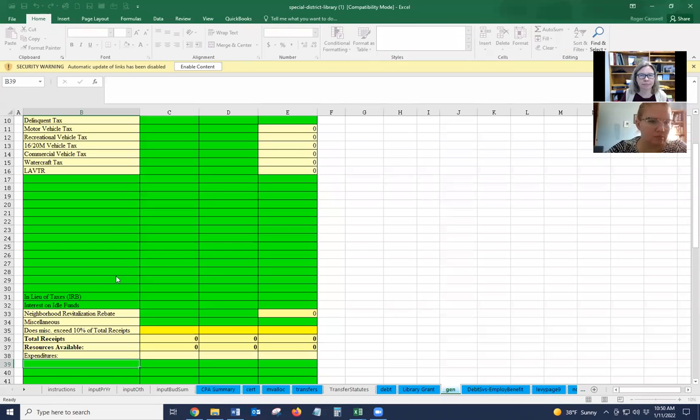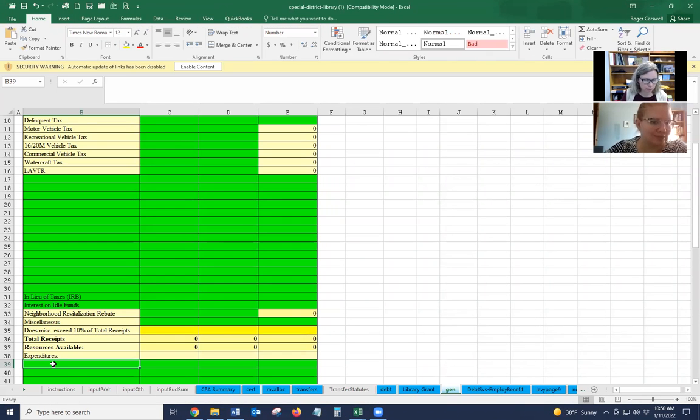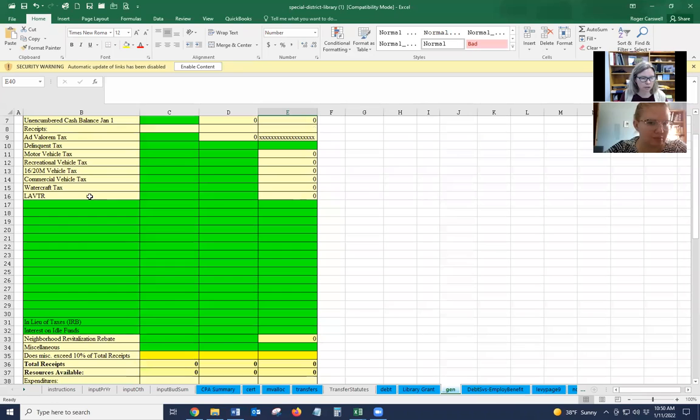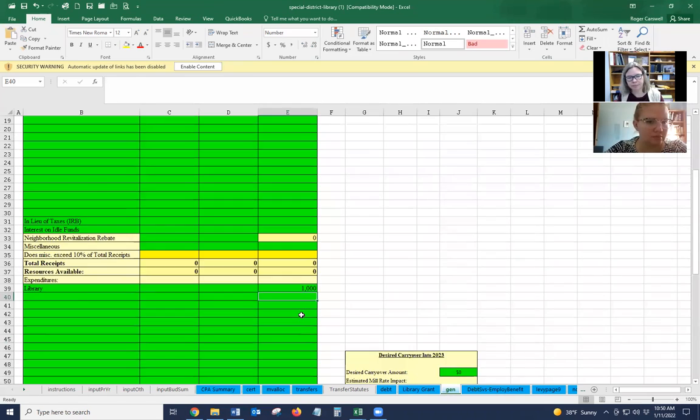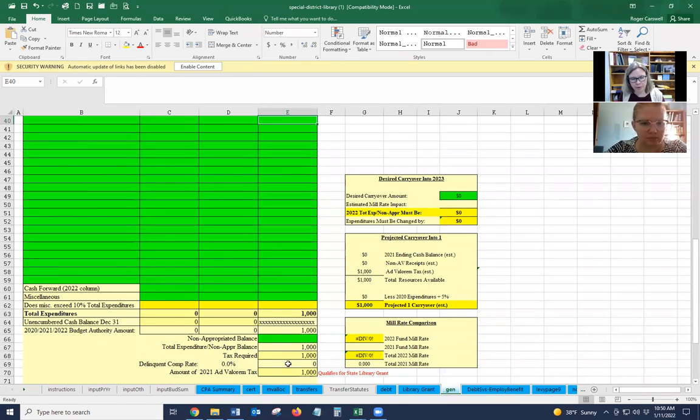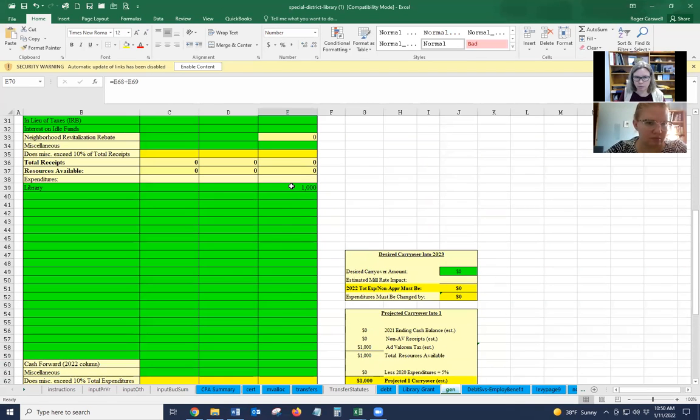Enable editing. Okay, there we go. Library, you need $1,000. There's this input. Your city clerk will fill in all of the information to populate these numbers. But right now, the amount of ad valorem tax is going to exactly equal how much money we say we need.